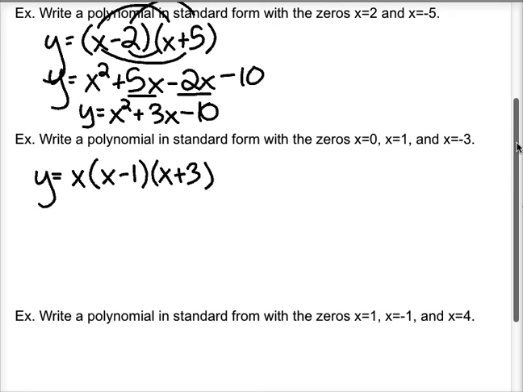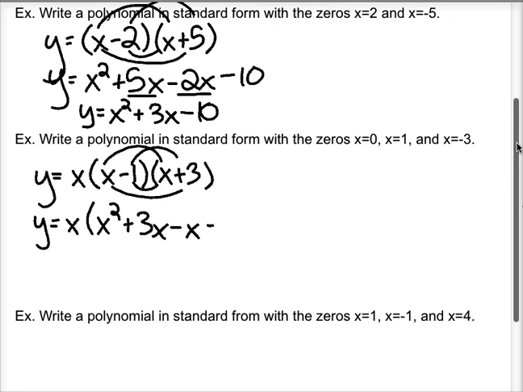And now the big idea is foiling this out. So I'm going to foil the 2 parentheses first. Okay, I'm going to leave that x alone first, and I'm going to deal with these. So x squared plus 3x minus x minus 3. Combine our like terms.